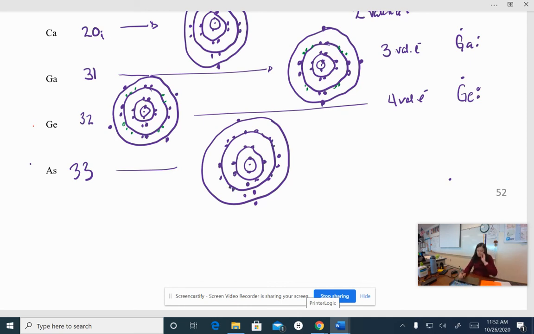And then we add the 3 that we get for arsenic. 1, 2, 3. So arsenic will have 5 total valence electrons, which will give me that kind of a picture. Okay.